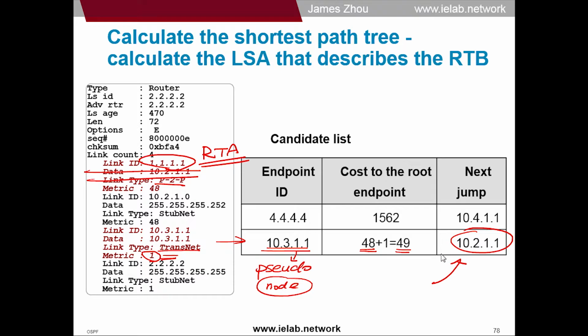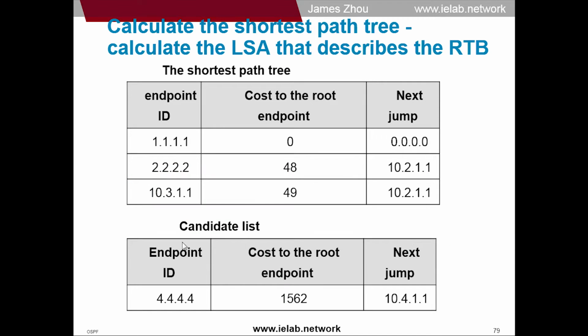Here is the shortest path tree. You send the pseudonode 10.3.1.1 into the shortest path tree path list, with cost 49. Okay, go on.